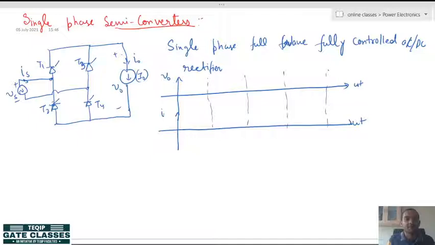The source current was like this, and if you mark these as alpha instants, the red ones are alpha instants. So, the output voltage and output current were like this.